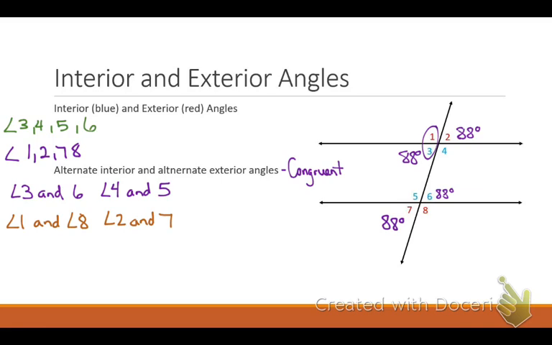Starts with an S. Supplementary, because they lie in the same line, so I subtract and I get 92 degrees. So that means, what is the alternate exterior angle to 1? 8. This one is also 92 degrees. And my reason why is it's alternate exterior.